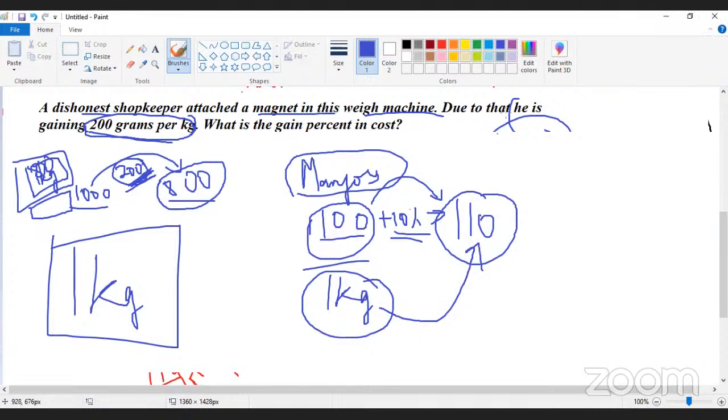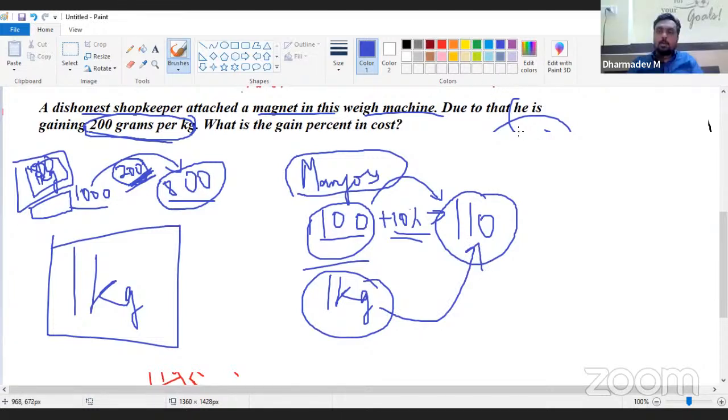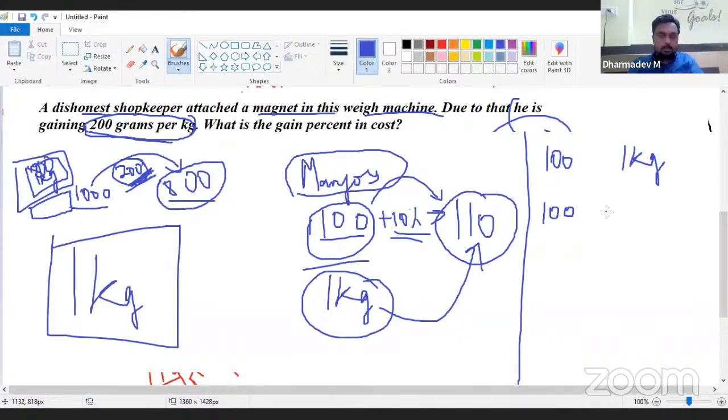I think the question would not be this. The question could be: for 100 rupees, he purchased 1 kg of mango, and if he's selling it for 110 rupees per 1 kg, it's just 10%. That's all. It's so easy.